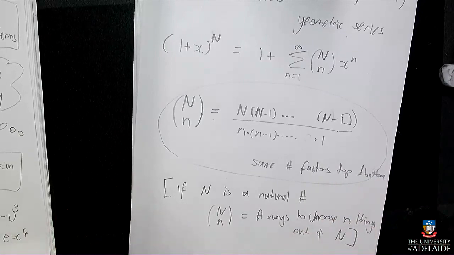But it totally does not mean that if n isn't a natural number. If n is like a half or minus 7, it does not mean that at all. What we've done is we've just created a formula that will do all of the derivatives and factorial things that we need to find the Taylor series.